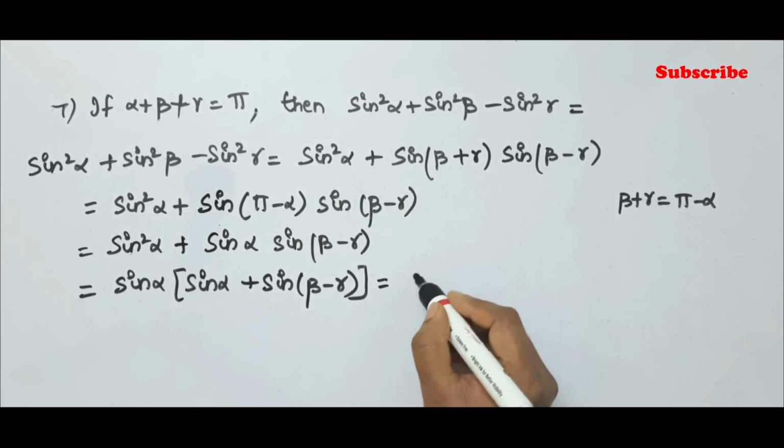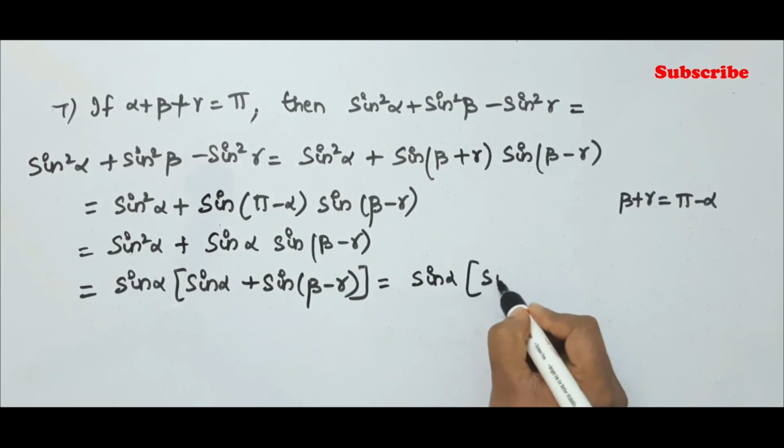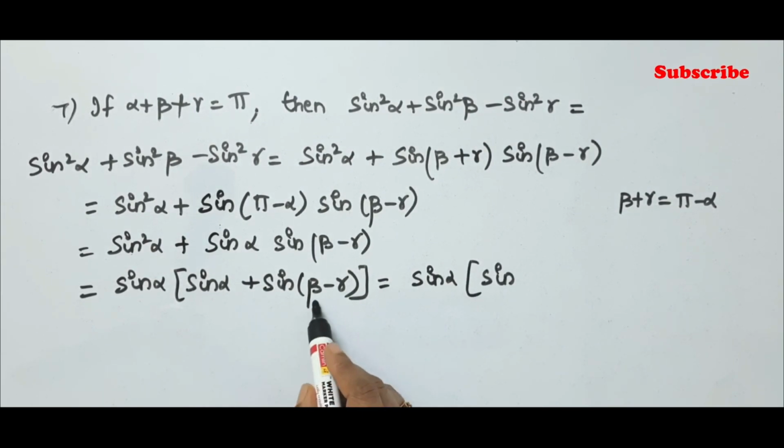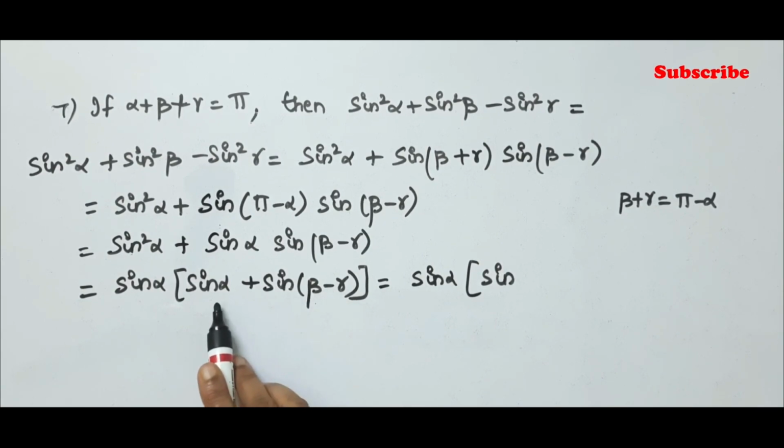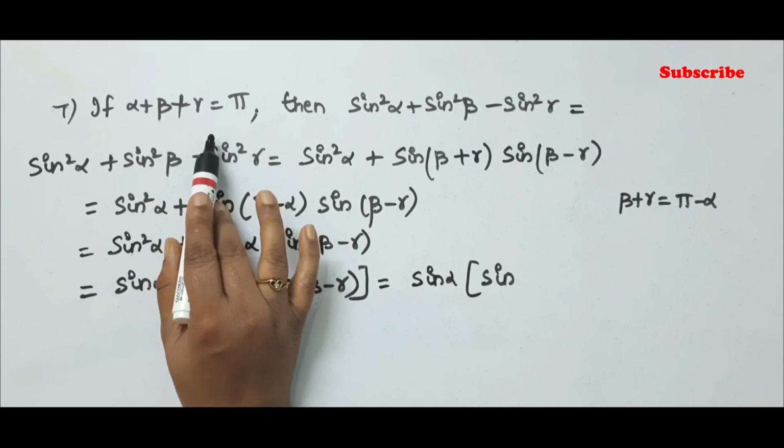Now sin alpha into sin of beta minus gamma is there. So here also, in place of alpha, we should have the angle in terms of beta and gamma. That is, either addition of beta and gamma or difference of beta and gamma. So alpha is there. Now using this condition, alpha can be written as pi minus beta plus gamma, is it not?